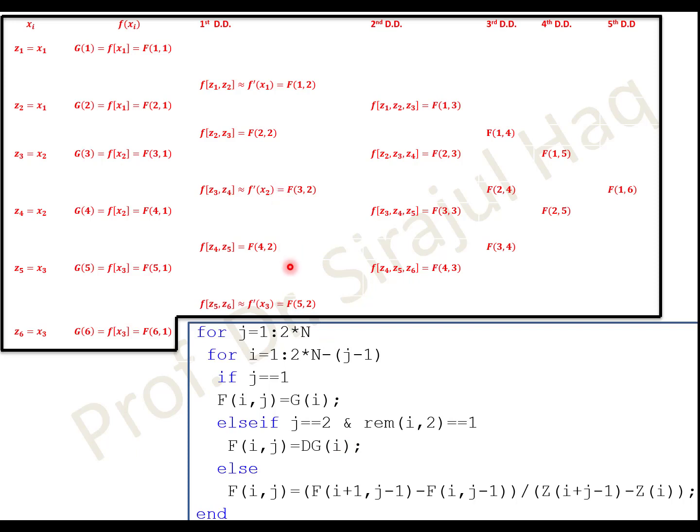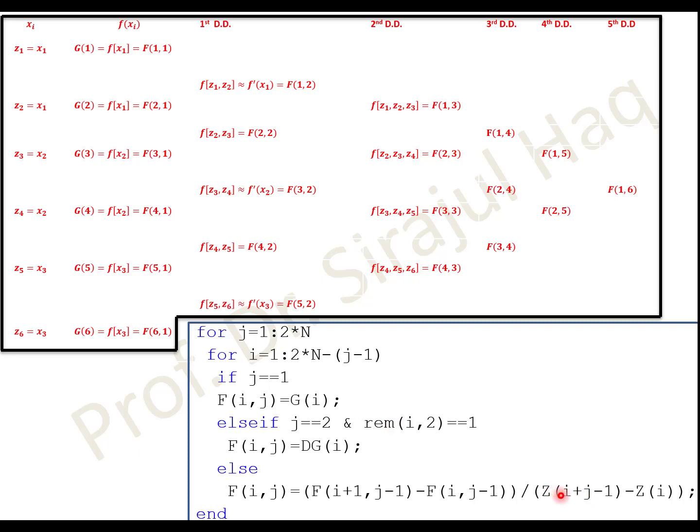And then it will come to i equal to 4. 4 divided by 2 is complete division, the remainder is 0, so it will not use this one, it will switch to this one, and it will see that f4 2 is equal to f5 1 minus f4 1, divided by z5 minus z4.